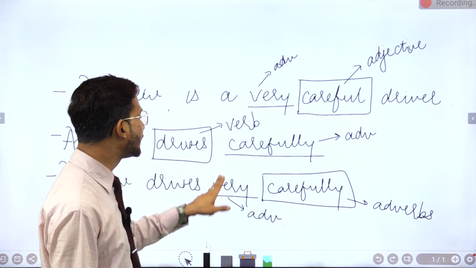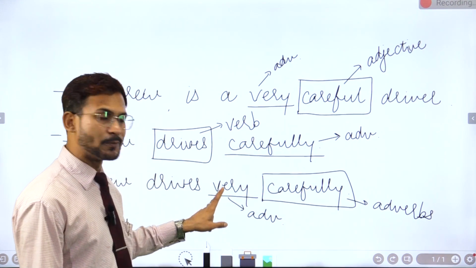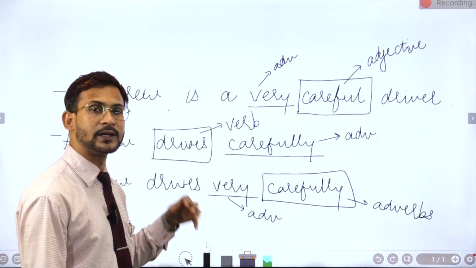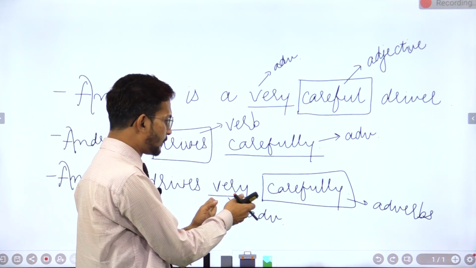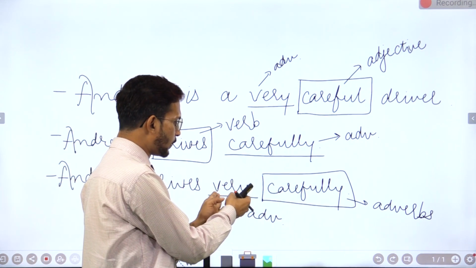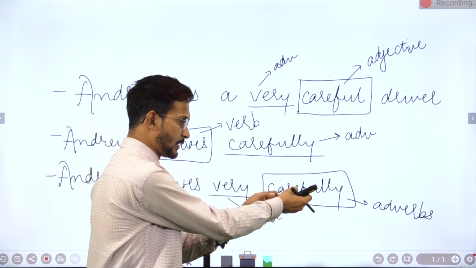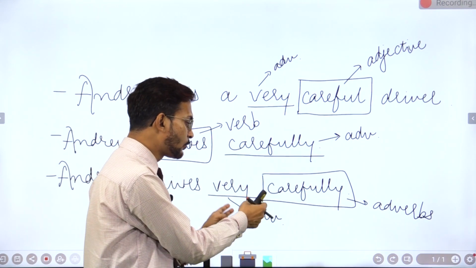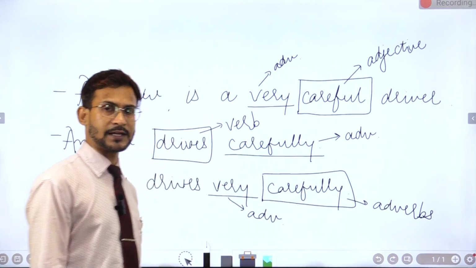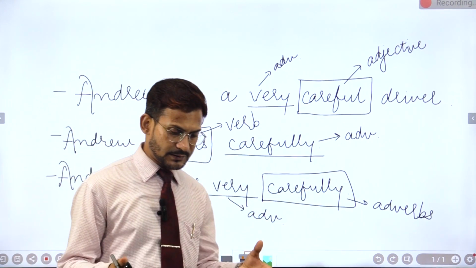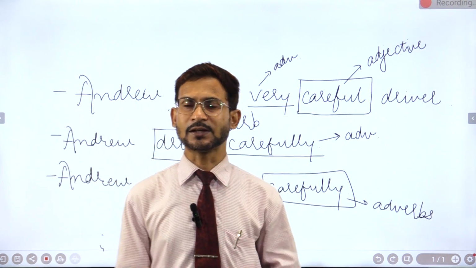Now we have added one more adverb here, very, just to increase the intensity, right? So here this adverb very is actually modifying this adverb carefully. That means one adverb is modifying another adverb. Getting it? So these are the three things which I told you.